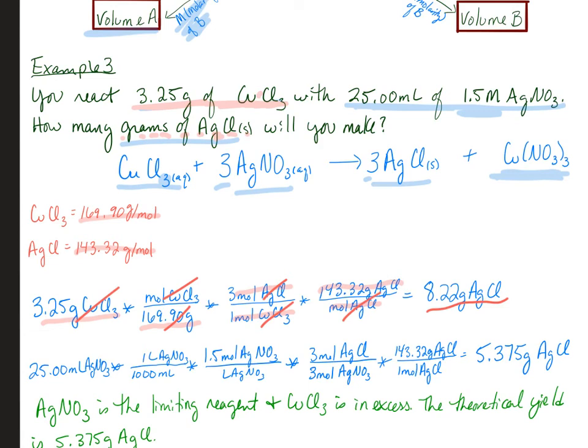If, on the other hand, we are starting with 25 milliliters of AgNO3, we use the molarity that's given to us in the problem. And remember, this is in moles per liter, so we have to convert into liters. And that means that we're going to take that molarity in the third step instead of the second. We then have to take into account that we have 3 moles of AgCl for every 3 moles of AgNO3. Yes, those 3s cancel out, so you don't have to worry about it so much.